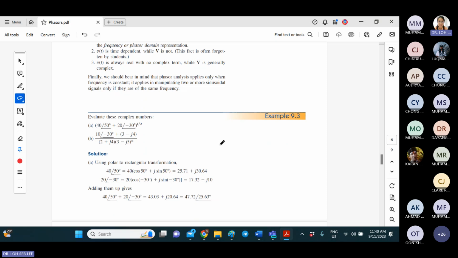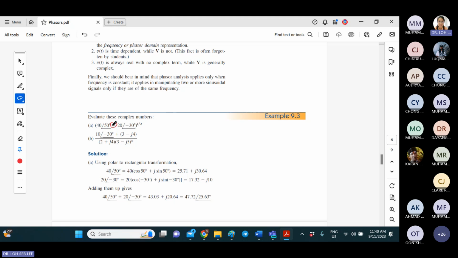Now we look at some simple examples. This one is power of half. Polar form plus polar form. That means we have to change these two into rectangular form because this is addition.